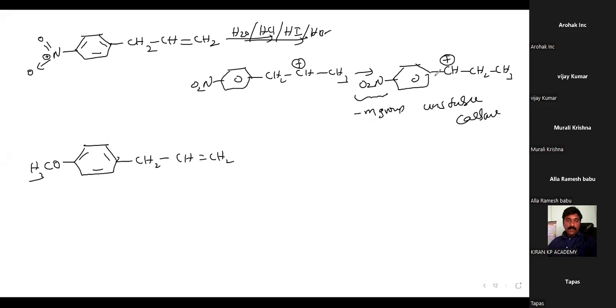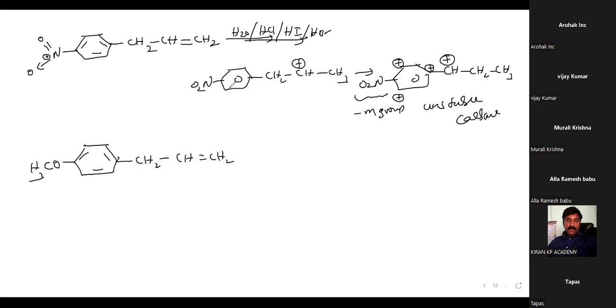It pulls all the benzene ring pi electrons towards itself. Therefore, at its ortho position, it creates an electron deficiency. At its para position, it is also creating electron deficiency. So this carbocation will be unstable in this aspect.